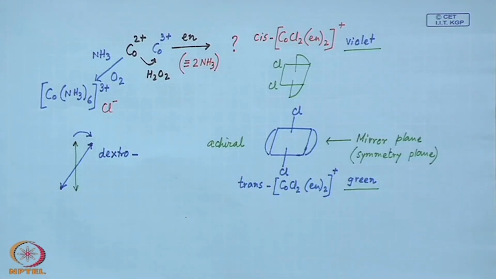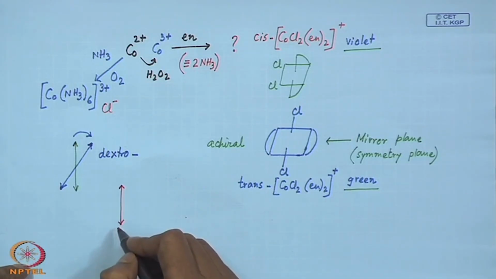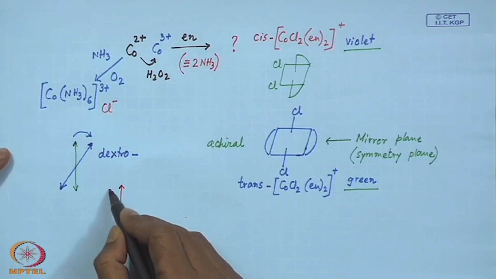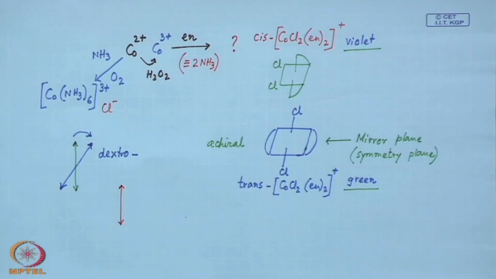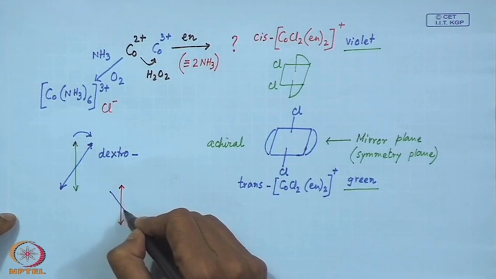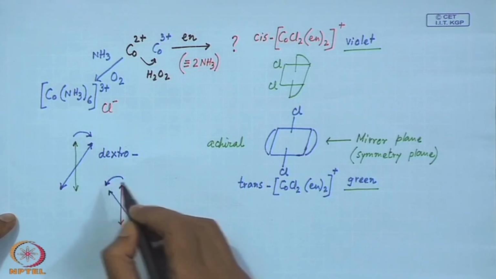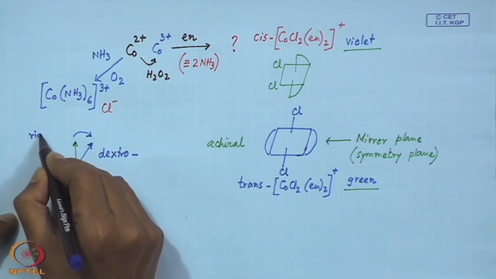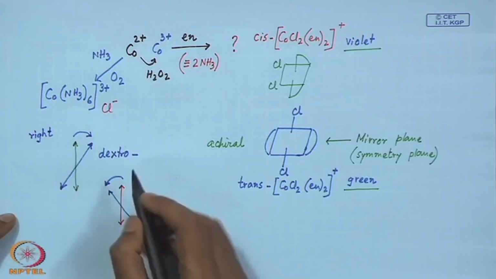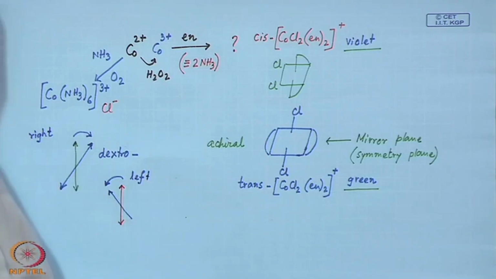And if the plane polarized light, always considering the plane polarized light entering the solution, moves towards the left, this is the movement towards the right, and this is the movement towards the left.